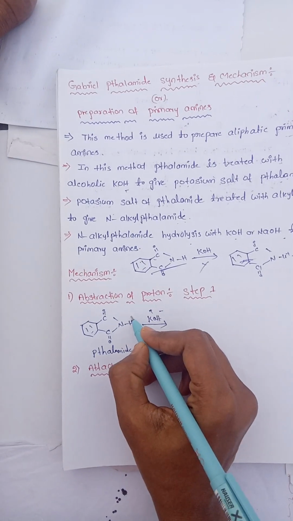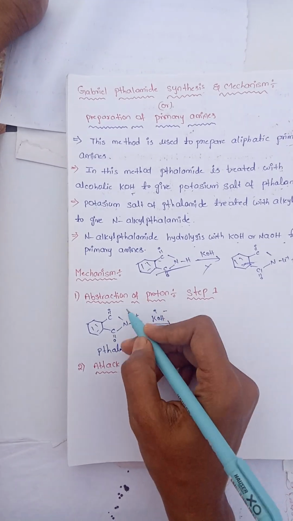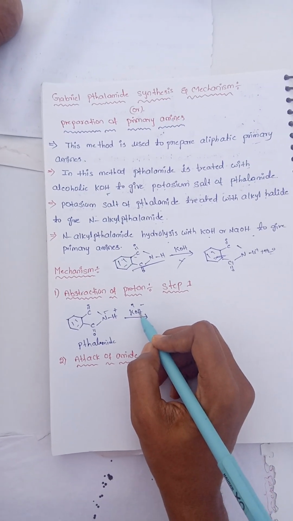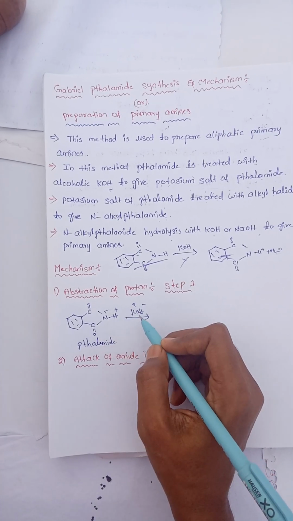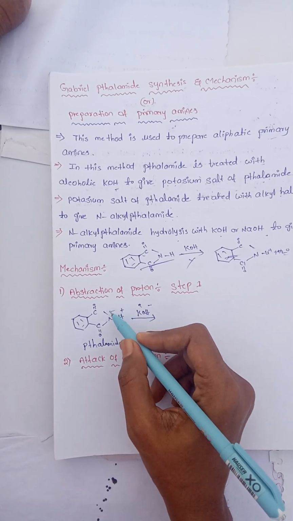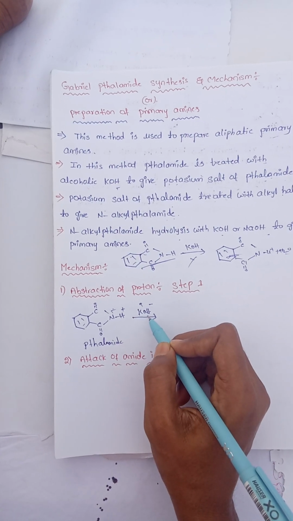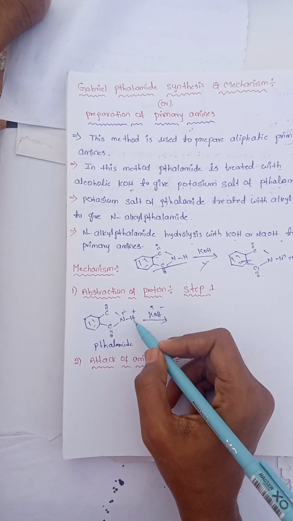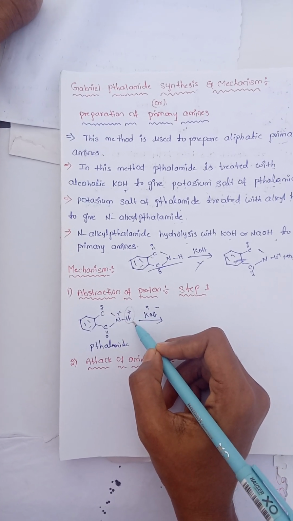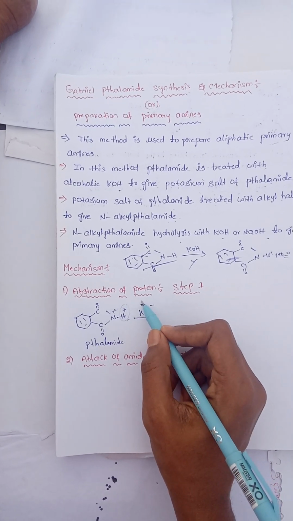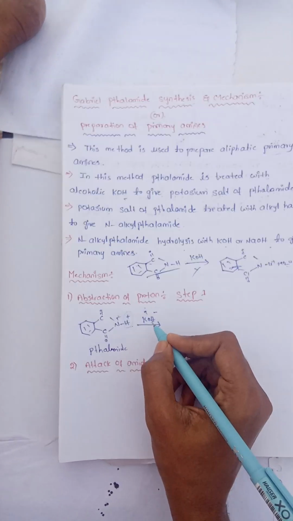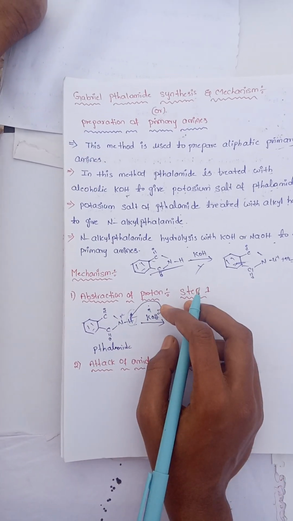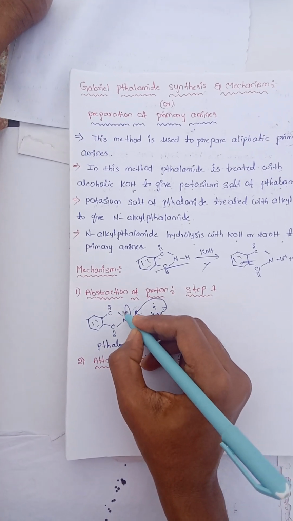In this NH, H plus is the proton, leaving N minus. Always the negative nucleophile reacts with the positive ion. OH minus reacts with H, and the bond is converted like this.